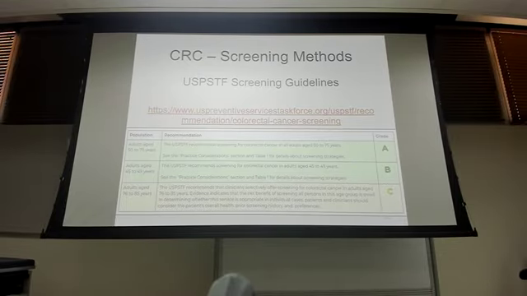This slide basically says average risk adult, 45 years of age, start screening. 76 to 85, dealer's choice, right? The evidence is some say yes, some say no. So that's the discussion with your patient.